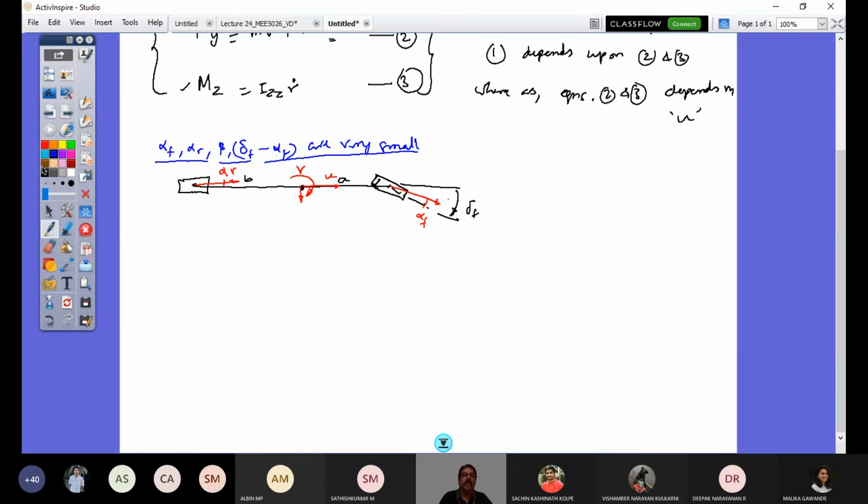So since they are like that, I am going to have my forces here represented by Fy r, and here Fy f, and I would have here my centripetal force.